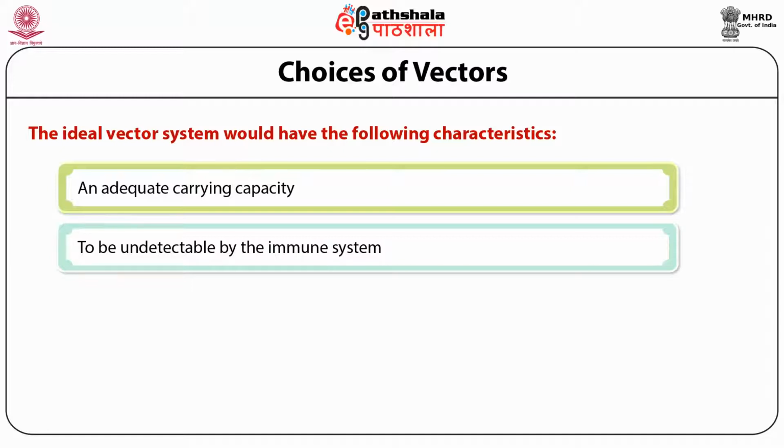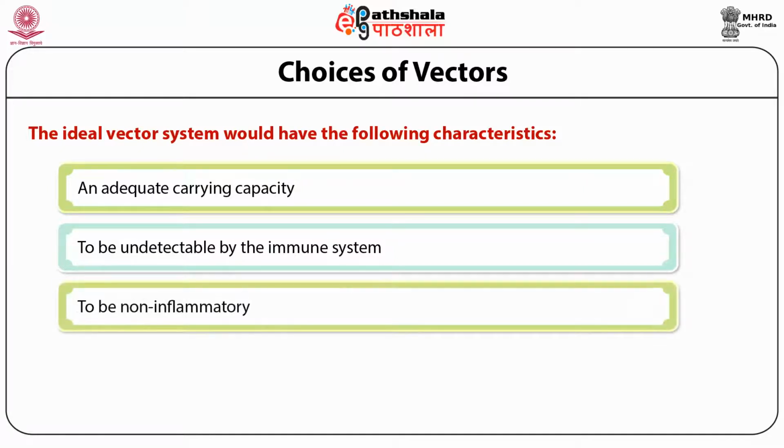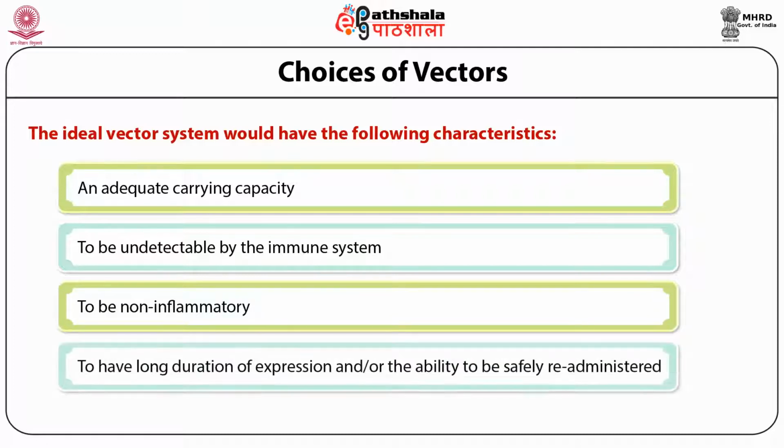If the immune system detects them, then there will be an immune response, which is not good for any therapy. They also have to be non-inflammatory, so that during the insertion they do not cause any inflammation. And they should also have a long duration of expression or the ability to be safely re-administered. So these are the qualities by which these vectors are chosen.